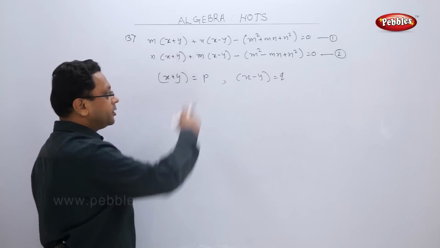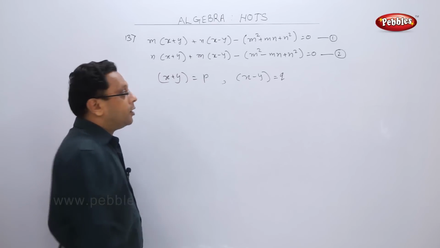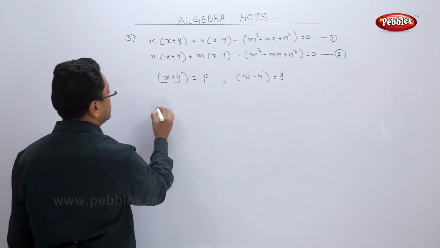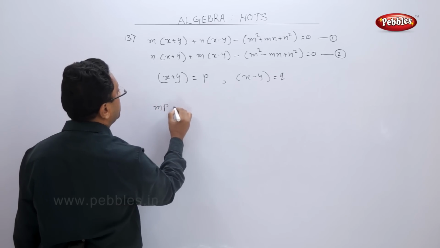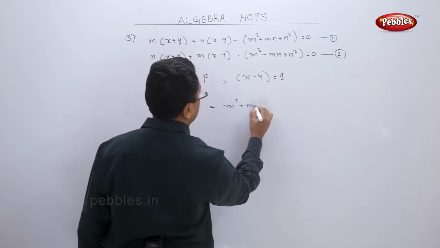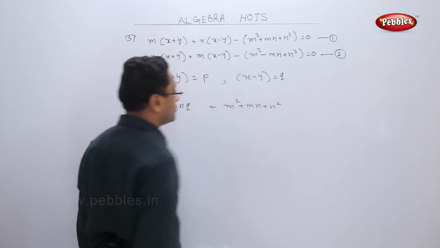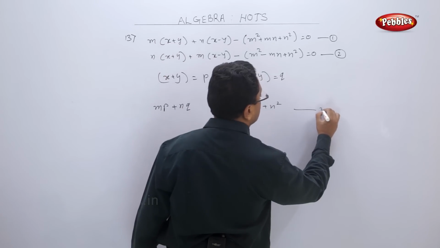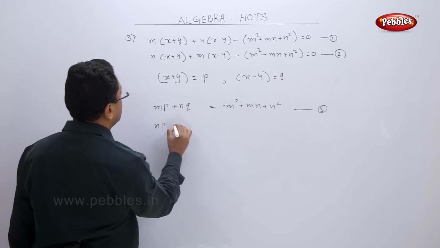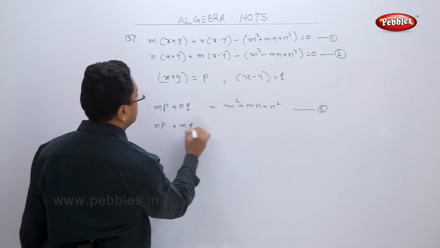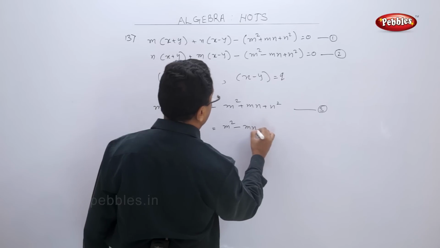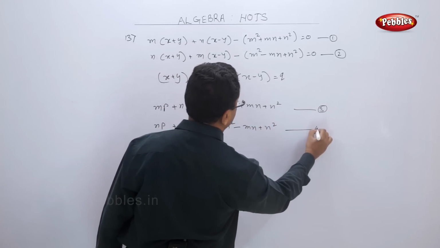So when you substitute this, the first equation will become mp + nq = m² + mn + n². Now this is your first equation, and the second equation will be np + mq = m² - mn + n².